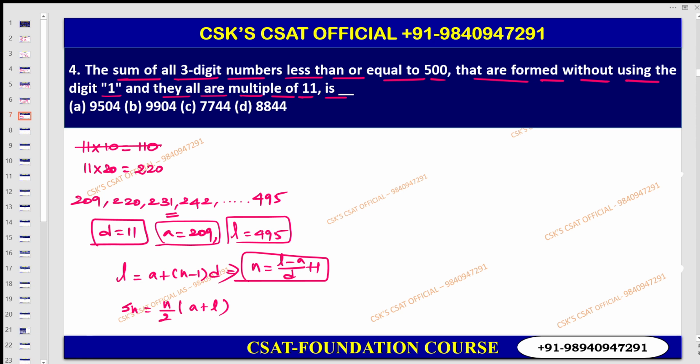Either you have to write all the numbers, or else let me give you a simple trick. Just find this here. You can first find the value of n and Sn. Guys, find that value first.